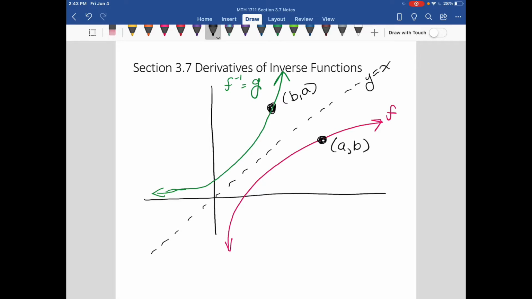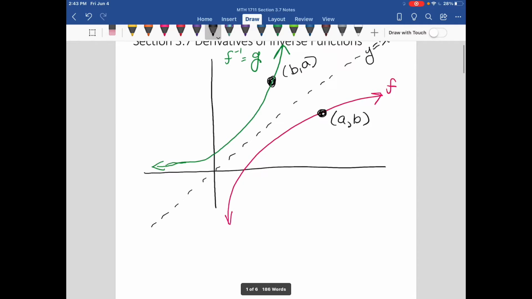Now, recall what the derivative is, and I'm going to call the inverse of f, g. So f inverse, I'm going to call it g. Now recall what the derivative is. The derivative is the slope of the tangent line at any point. So if I wanted to find the slope of the tangent line of f through that point x equals a, what I would do is take the derivative and evaluate it at a.